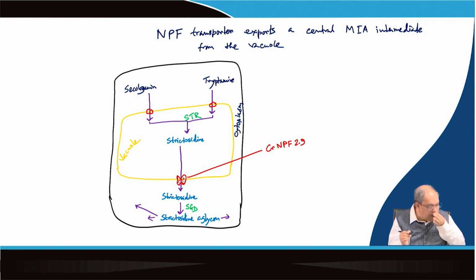So far only two transporters were characterized in this Catharanthus system.